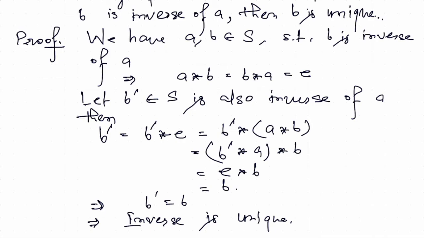So we will consider two inverses, B and B prime of A. Then B prime equals B prime star E equals B prime star, and this E will be replaced by A star B. Now this operation is associative, so we can change this bracket. Now we will use this operation B prime star A. This will be equal to identity because B prime is inverse of A. Now E star B equals B. Hence B prime equals B. So we can say that inverse is unique.